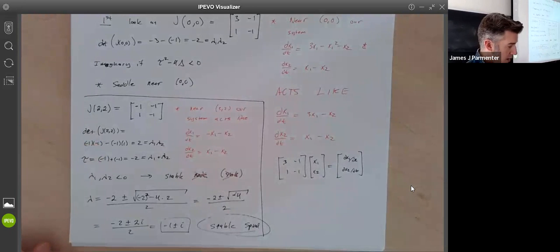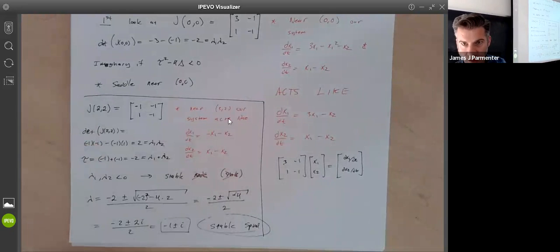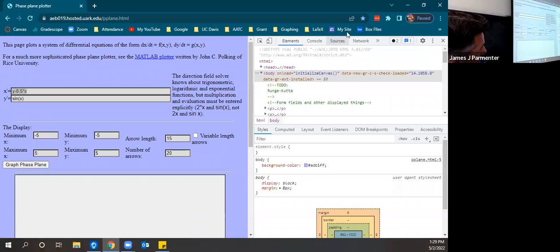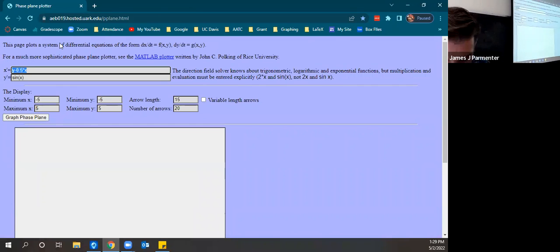Cool. And now what I want you to see, I think it's neat, and not just neat, I think it's worthwhile. If we actually plot this system in a phase plane plotter, let's see, our system was 3 times x, where we use x for x1, so 3x minus x squared minus y.